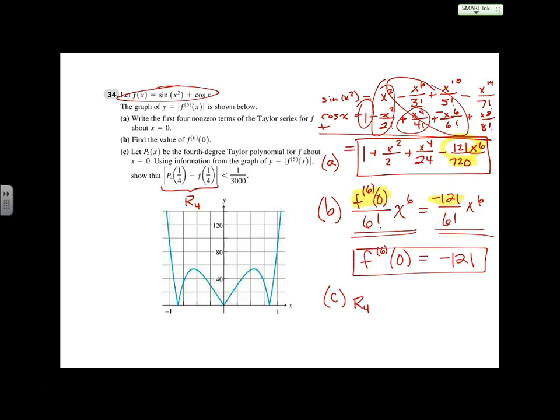So for some z within and including the closed interval from 0 to 1/4, the remainder will equal that, but that is not what we are showing because we don't know when that will happen, because we don't know the actual function value. This is probably a non-calculator problem, so we can't plug in sine of x squared plus cosine of x at 1/4 and find a precise answer. Therefore, we're not going to say equals, we're going to say less than or equal to.